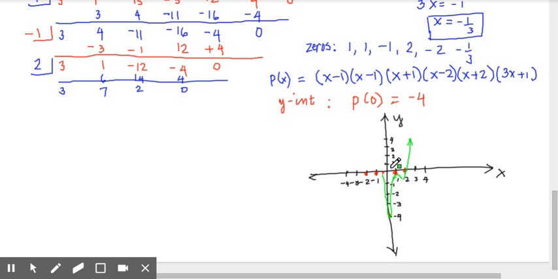I should have made this wider. And then it's going to cross here because it's not a double zero, and then come back, and then cross again because it's just a single zero, and then come back for the negative 2, and it will just keep going up because there's no more x-intercept on the left side of negative 2. And that's the graph.